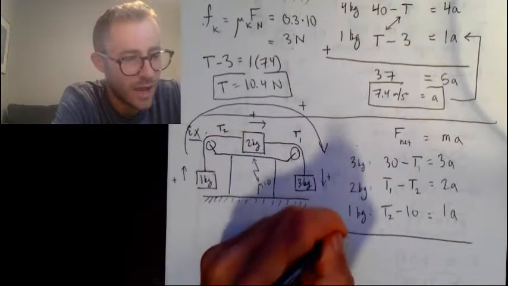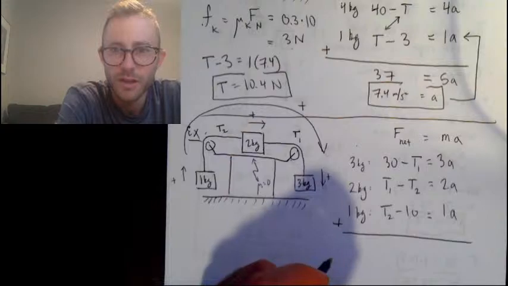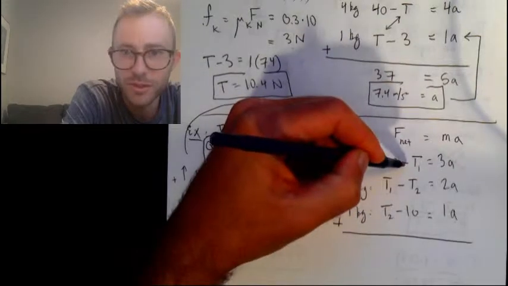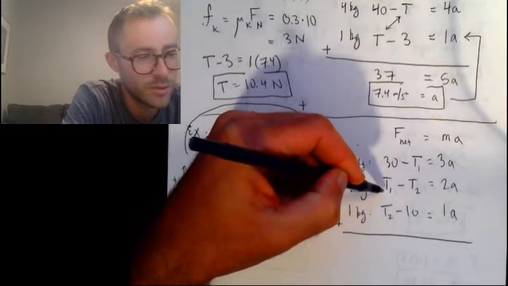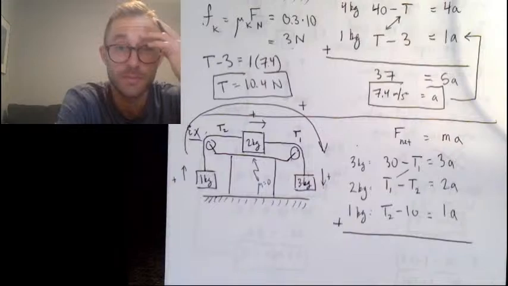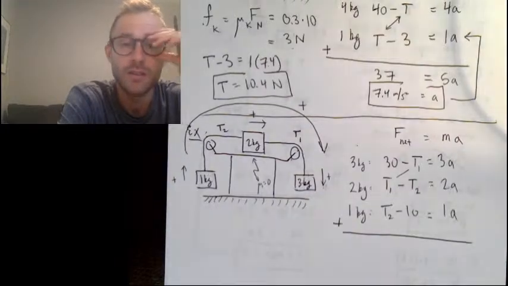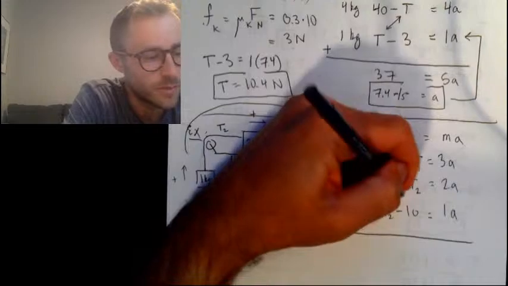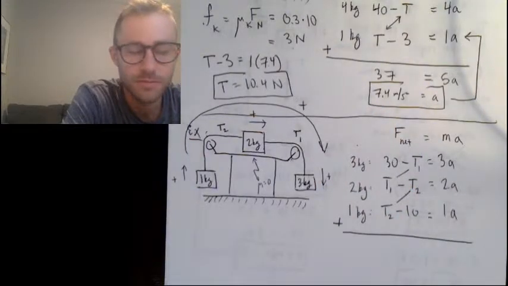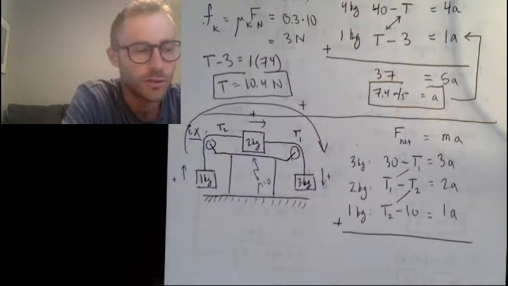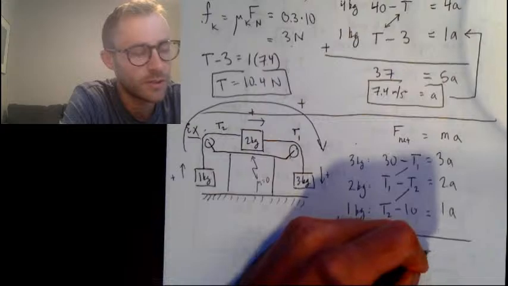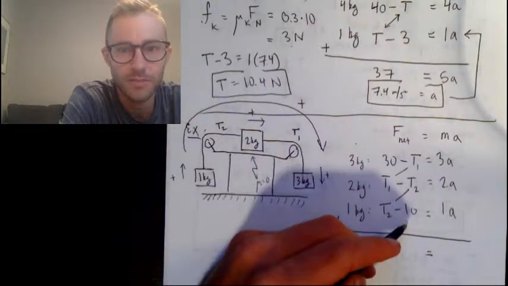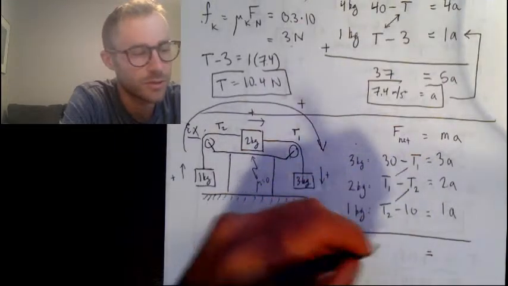So we just add the 3 equations, and we can see that we have negative T1 and plus T1, so those 2 cancel. And then we have negative T2 and plus T2, so those 2 cancel. So what we're going to have on the left-hand side is 30 minus 10, because those are the only 2 things that don't cancel out.